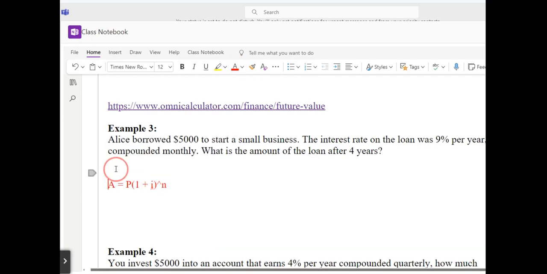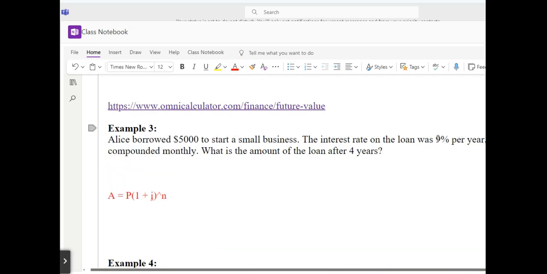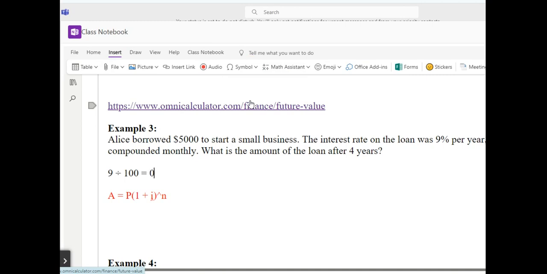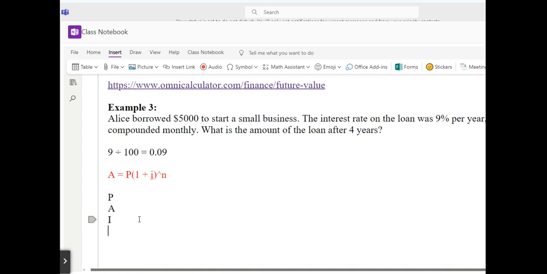Okay. And so the interest rate for this we see is 9%. So if we take 9 divided by 100, we will get 0.09. And we're going to write down what we had from before. And sometimes you might not be able to make it a lowercase i, but that's okay.